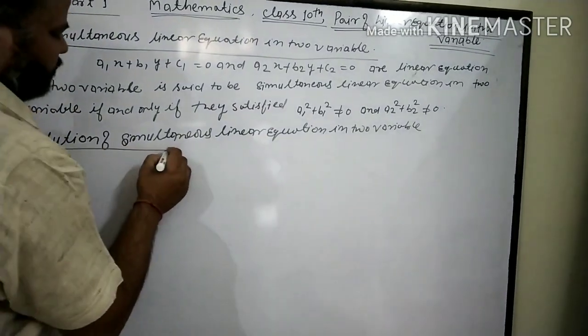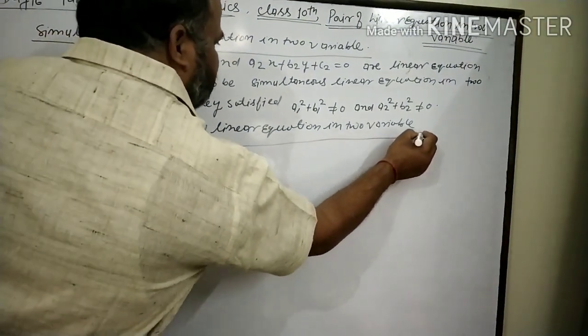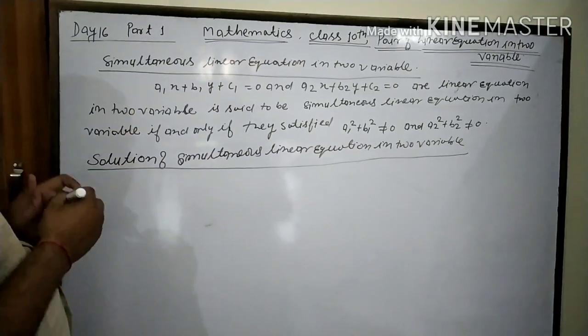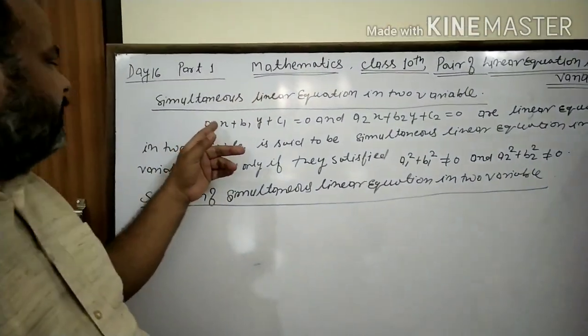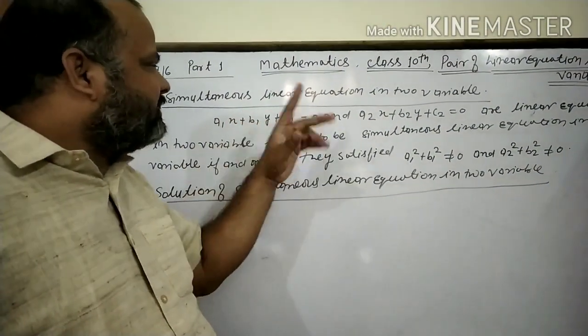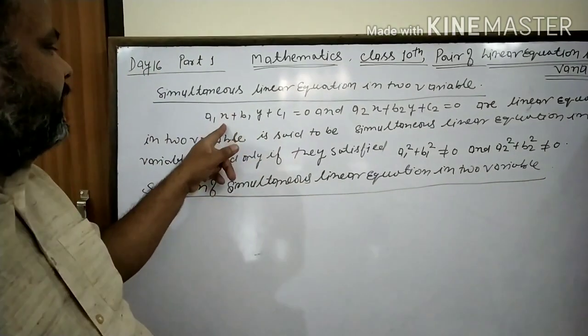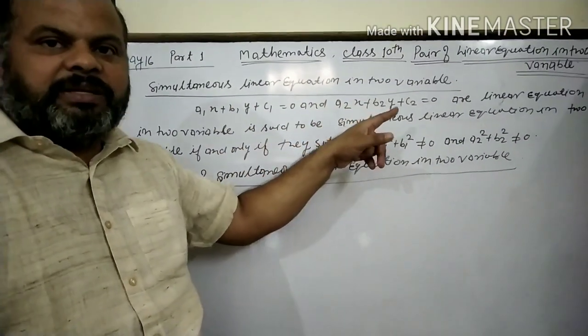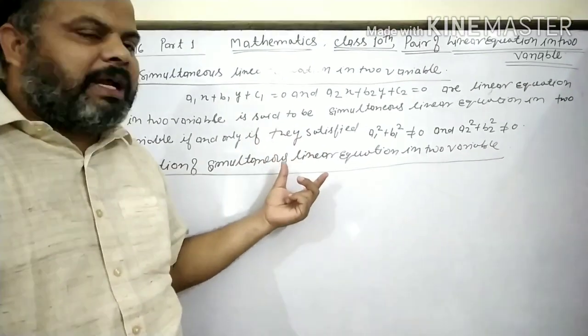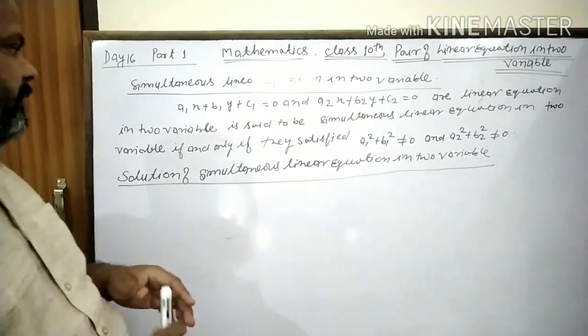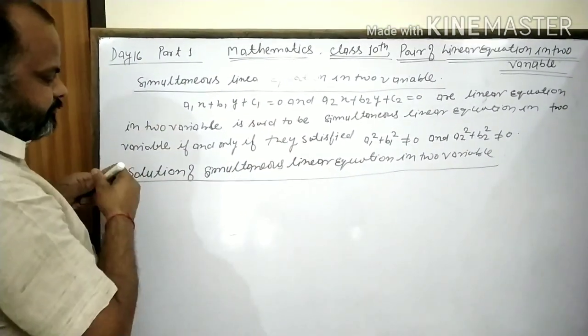What do you understand by the solution of linear equations in two variables? Here, in this equation, the values of x and y which satisfy both equations are called the solution of linear equations in two variables.